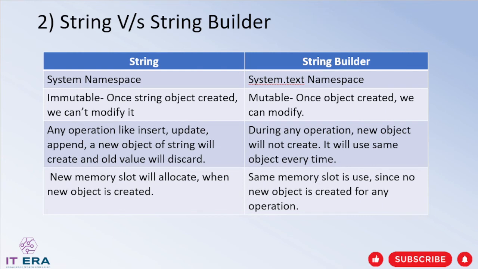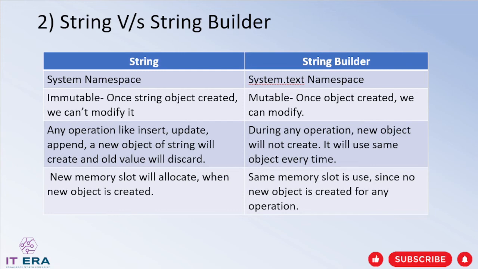But in a string builder, the same memory slot is used since no object is created for any operation. Hence, if a string is going to remain constant throughout the program, then we should use the string class. And if a string can change, like lots of logic operations in the construction of a string, then using string builder is the best option.